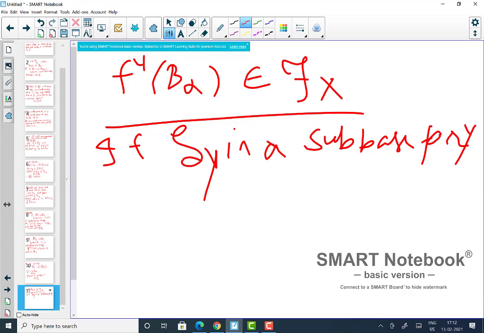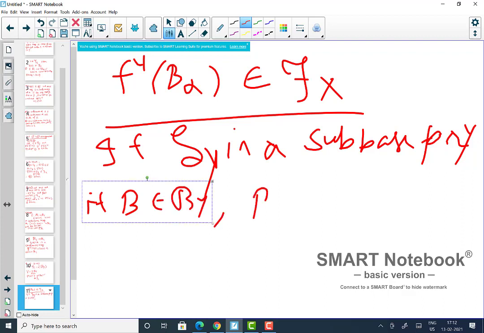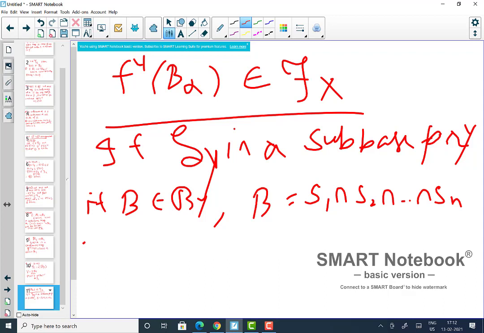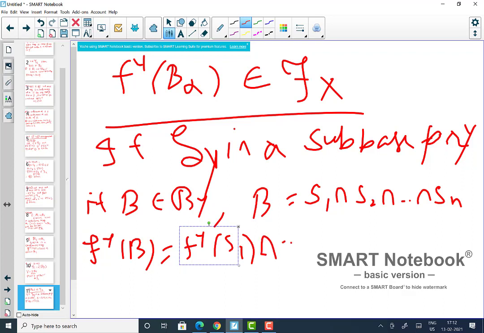Because if B belongs to the basis of Y, then we can write it as a finite intersection of subbase elements, some S1 intersection S2 up to Sn, right? And hence f inverse of B is nothing but f inverse of S1 intersection dot dot dot intersection f inverse of Sn. If all those f inverse of S_i are open sets, then the finite intersection of open sets is open, and hence this is an open set inside X.